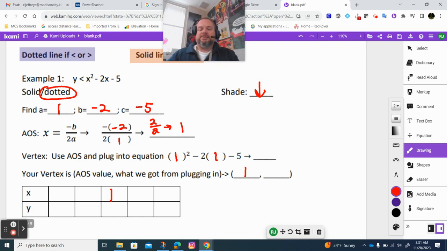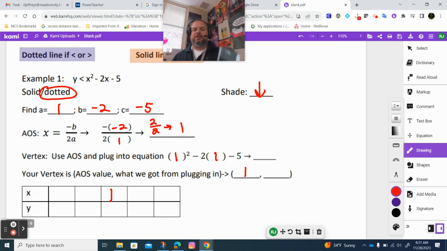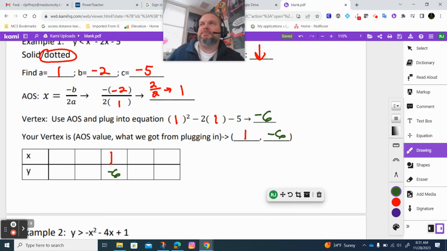When we plug in our x value from our axis of symmetry back into our original equation, we get -6. So that is our y value of our vertex.